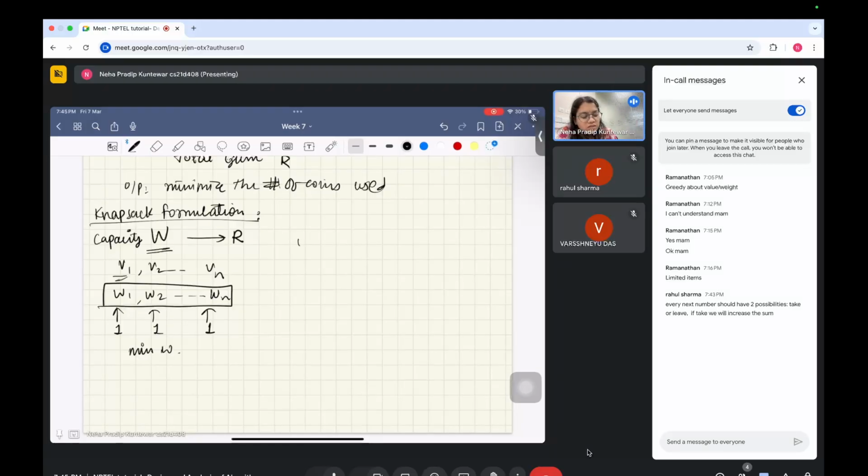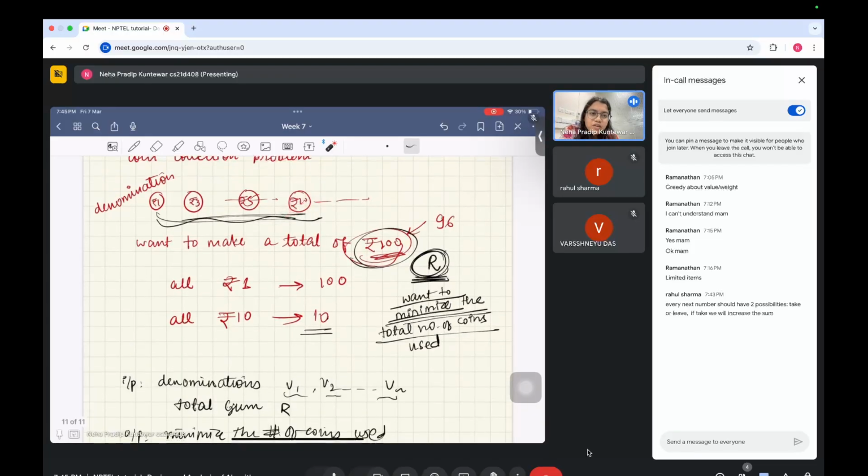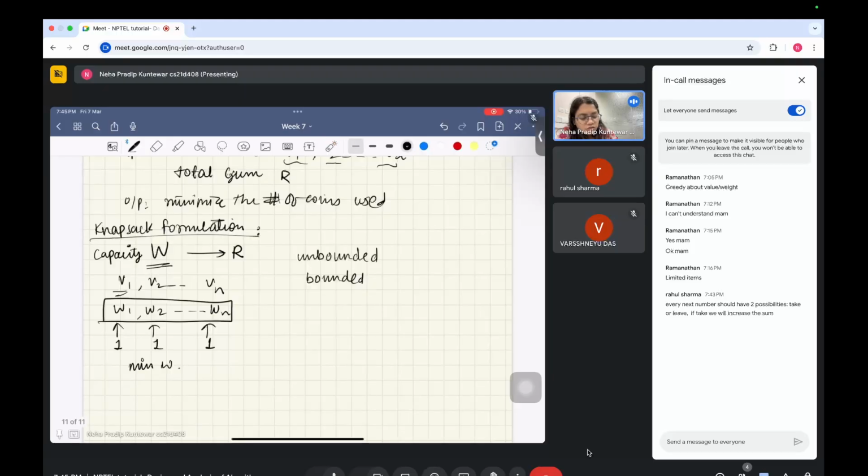Also, the question is whether it's the unbounded version or the bounded version. In the bounded version, you are only allowed to take it or leave it, but in the unbounded version, you can take it as many times as you want. In this case, we said you have an infinite supply of coins. If you want a 10 rupee coin, you can take a 10 rupee coin. There is no limit on taking it only once. Therefore, this is the unbounded version.